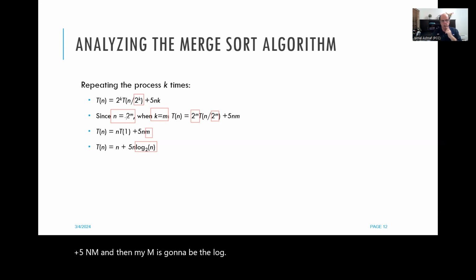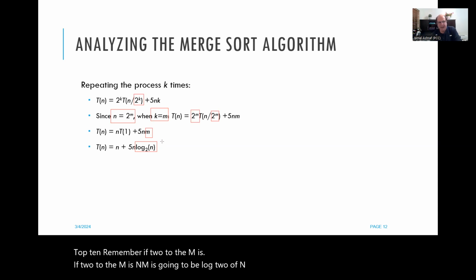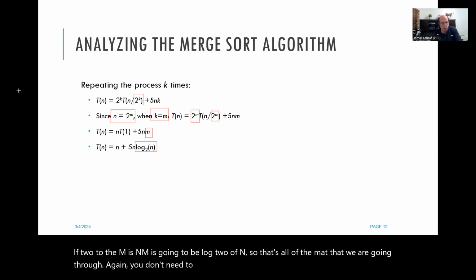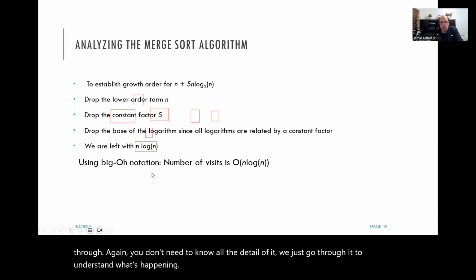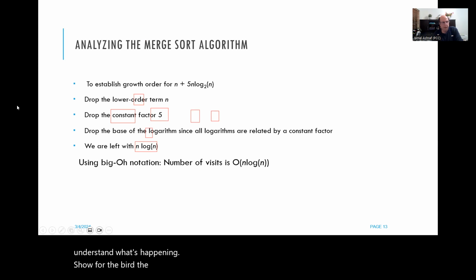Remember, if 2 to the m is n, m is going to be log 2 of n. So that's part of the math that we are going through. Again, you don't need to know all the detail of it. You just go through it to understand what's happening. So for the big O notation, we are getting big O of n log n for the merge sort.